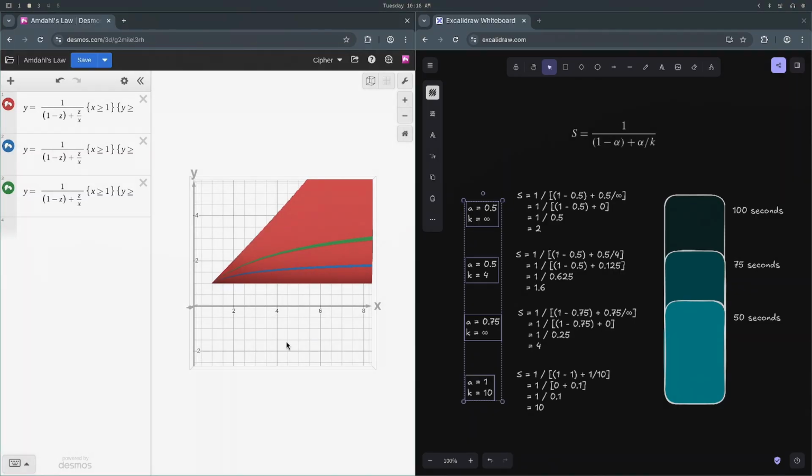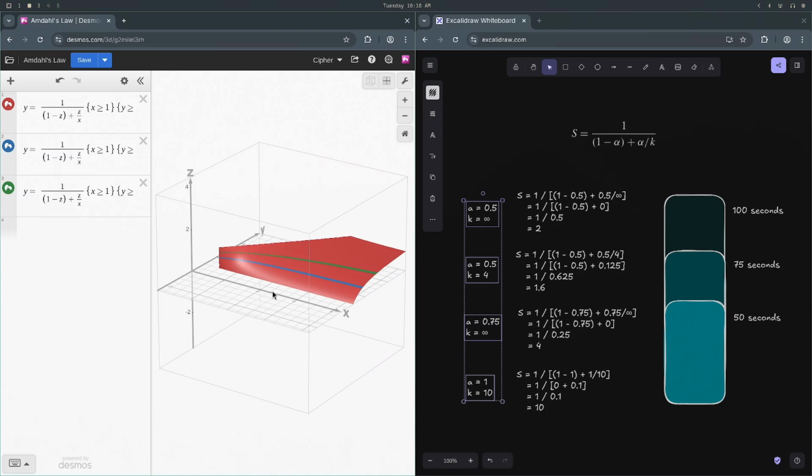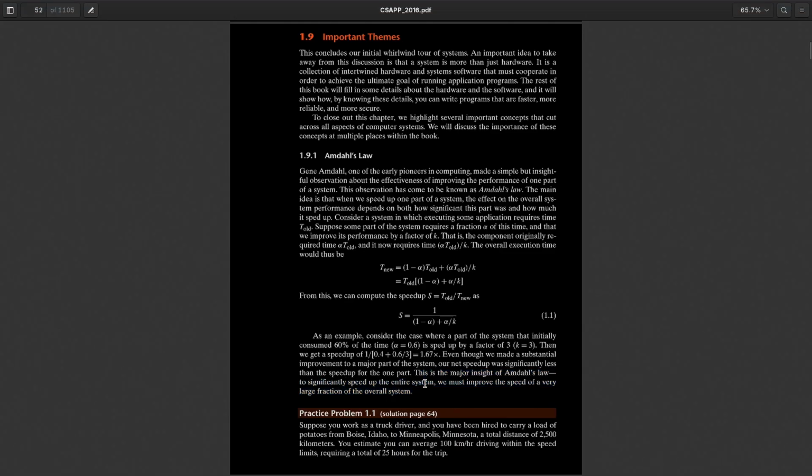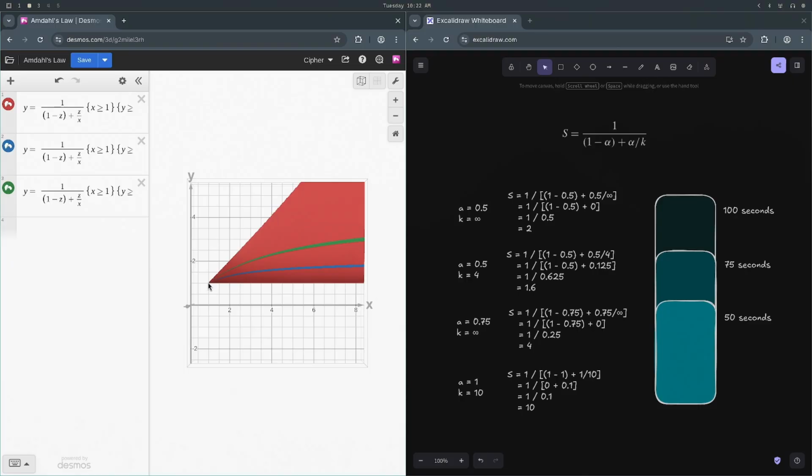Playing around with these graphs and understanding Amdahl's model a little more, let's go back to the text and revisit this sentence. This is the major insight of Amdahl's law. To significantly speed up the entire system, we must improve the speed of a very large fraction of the overall system. Amdahl's law is applied in the context of parallel computing to understand how much performance you can get out of parallelizing a given process.